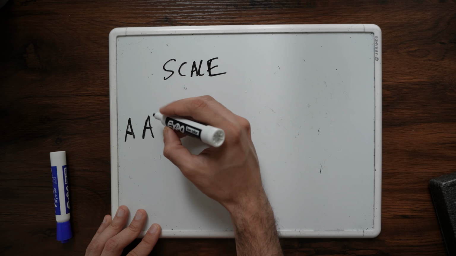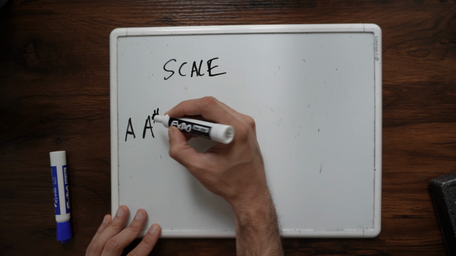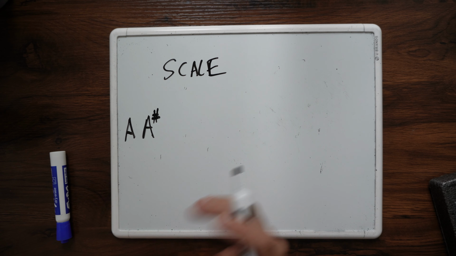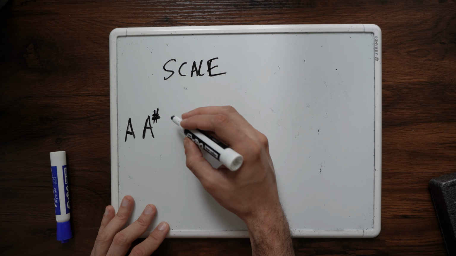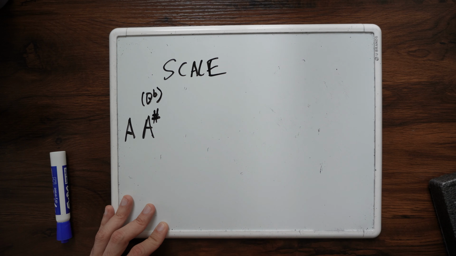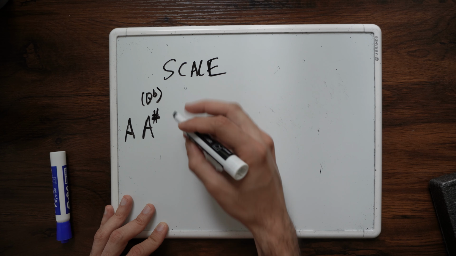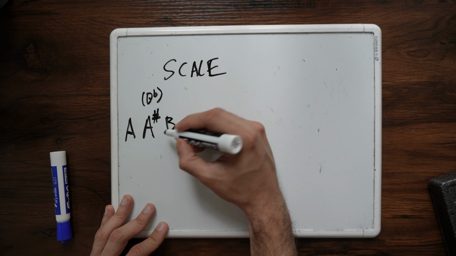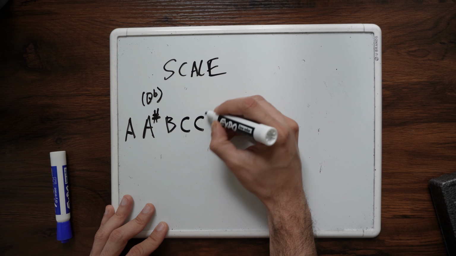So if we're going up, it's preferable to represent that movement going up, because you could also use B flat right here, right? So save those to represent a scale going down in this case. So A sharp, B, C. We need C sharp here.